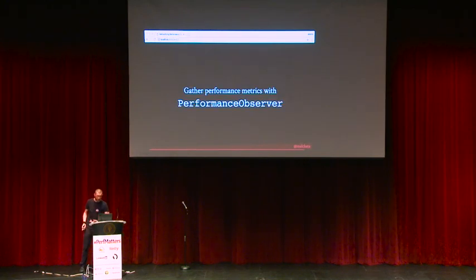So finally, you're going to want to gather performance metrics with Performance Observer, and the reason for this is that things like long loops, for eaches, and that type of thing can be blocking, and if you have a lot of resources that you are iterating over, that can block the main thread as you're processing them.